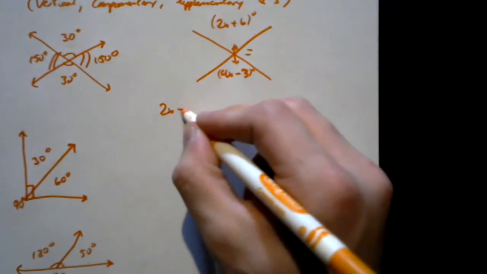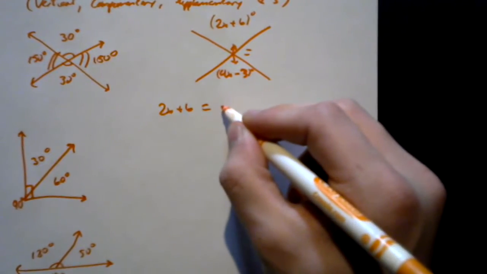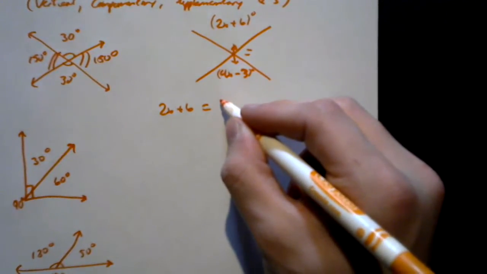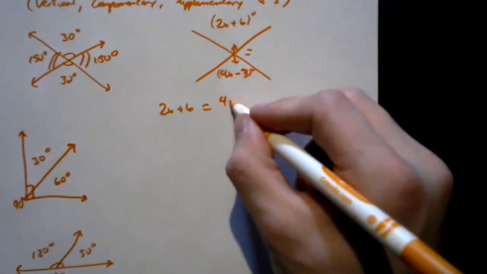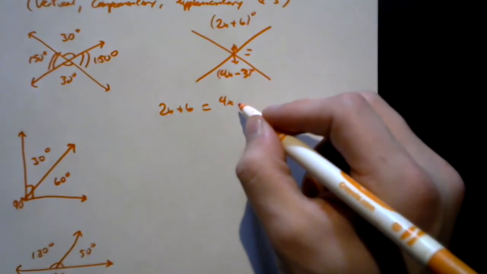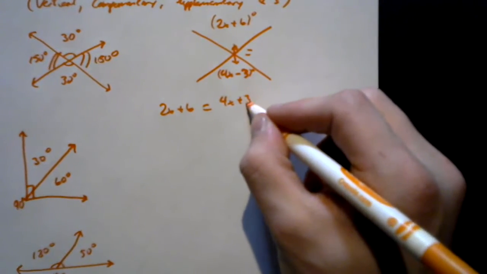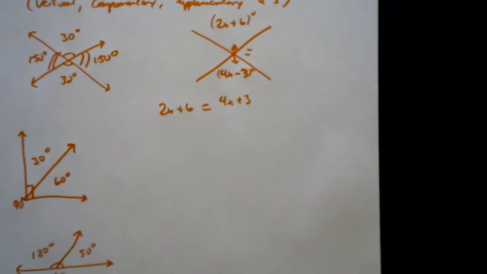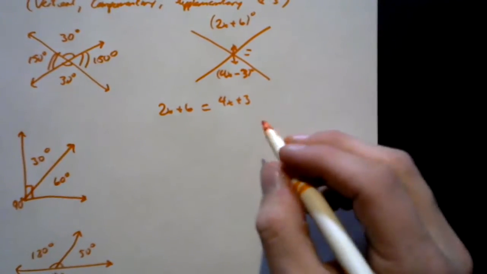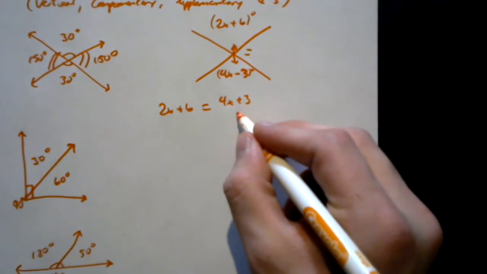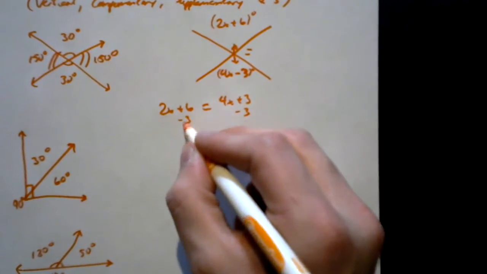So we have 2x plus 6 equals 4x plus 3. So we'll solve for x. I like to minus the 3 first.